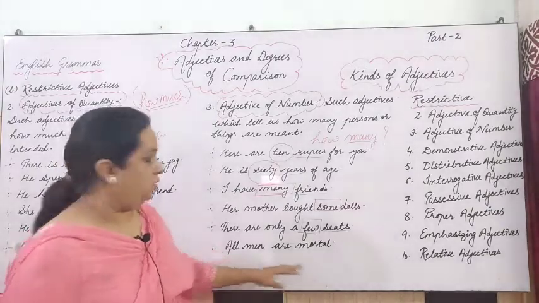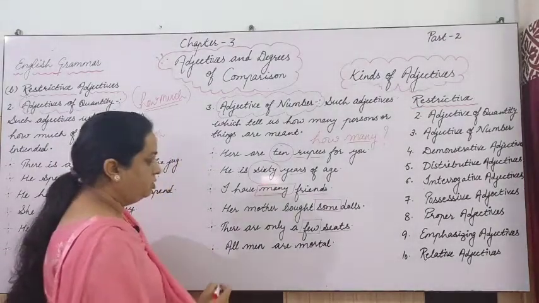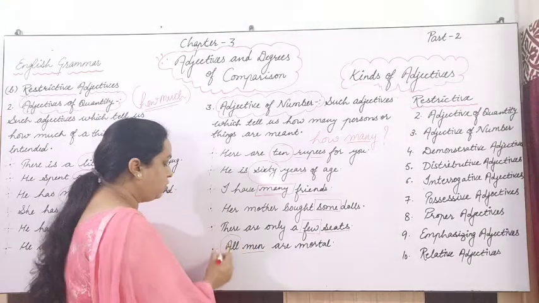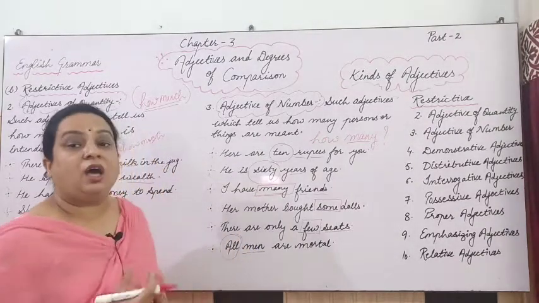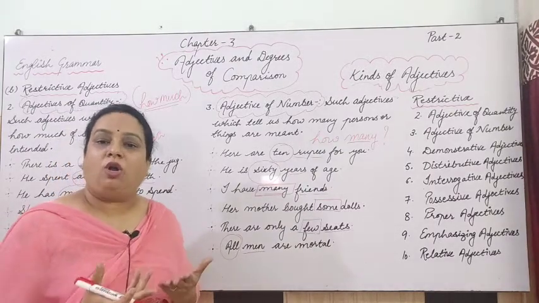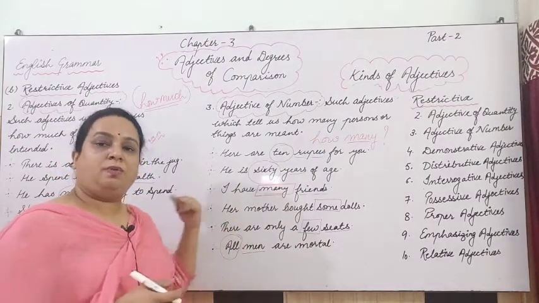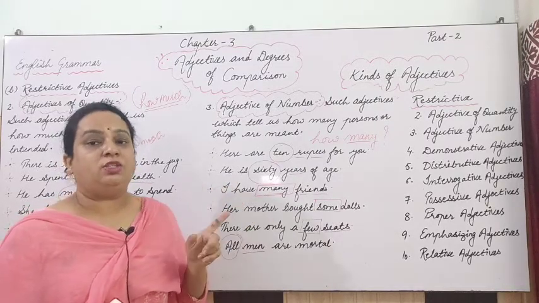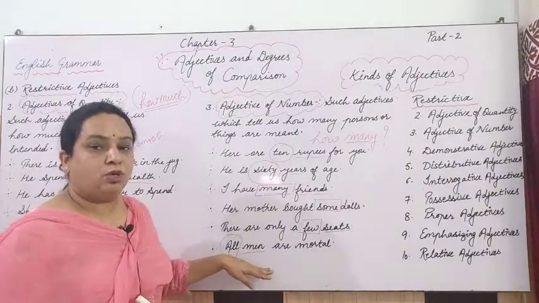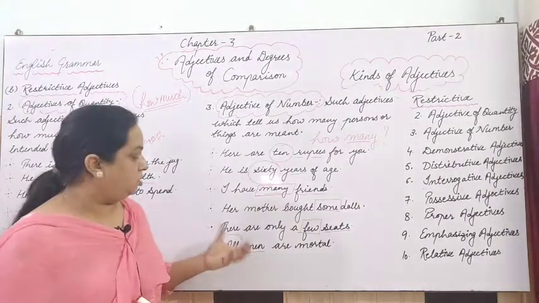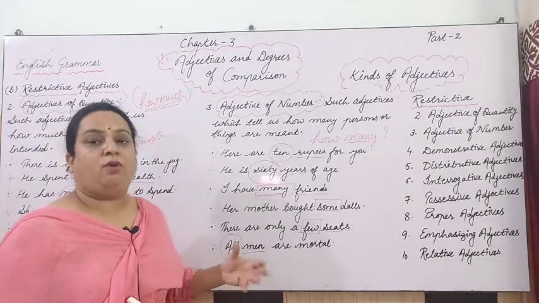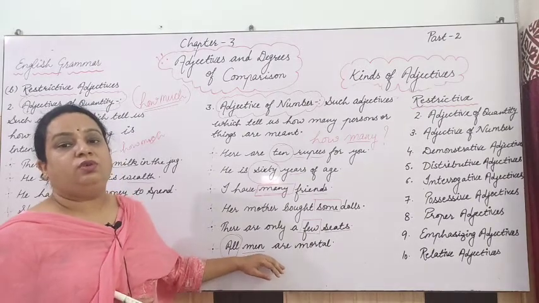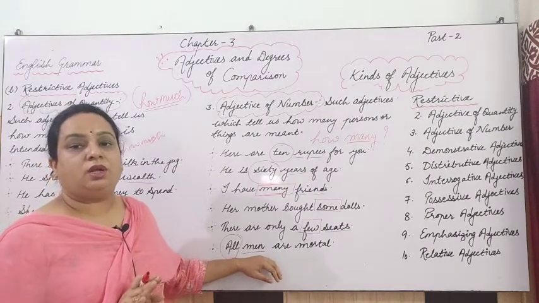All men are mortal. So all men we are talking about here. This men is what? A countable noun, and we are talking about all. So this all is telling us how many men. You may get confused, this all may be used in quantity also and in number also, but the difference you have to check: if the adjectives like some, all have countables after them, that will work as an adjective of number.